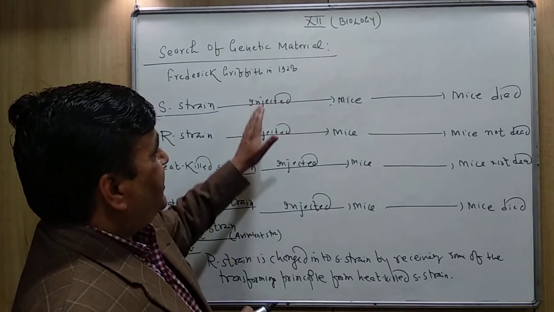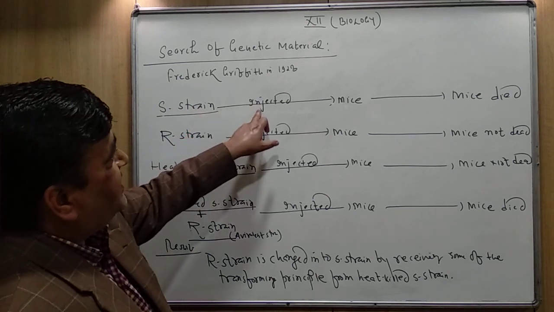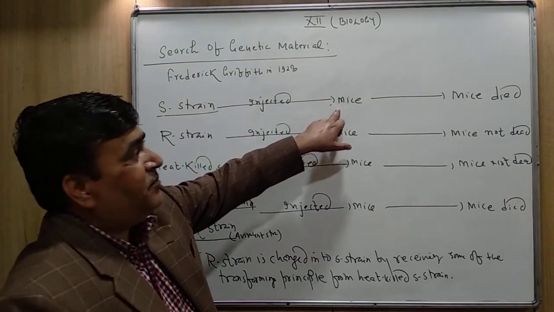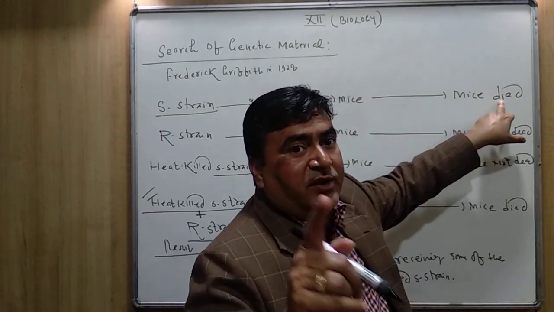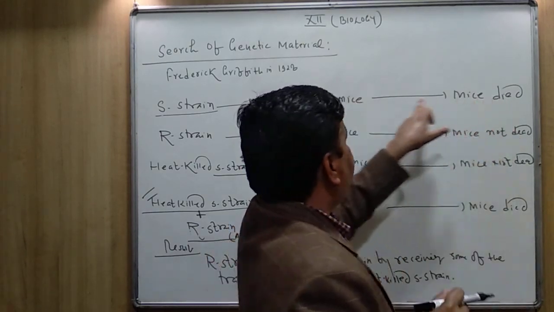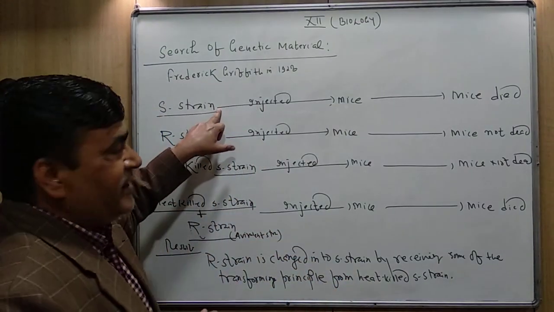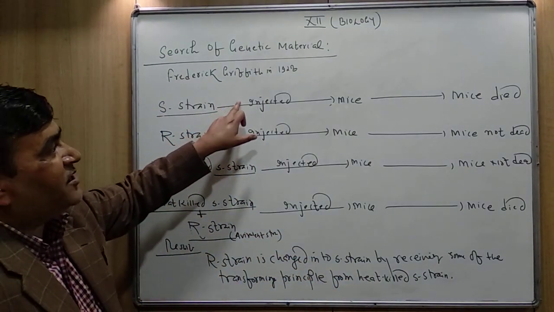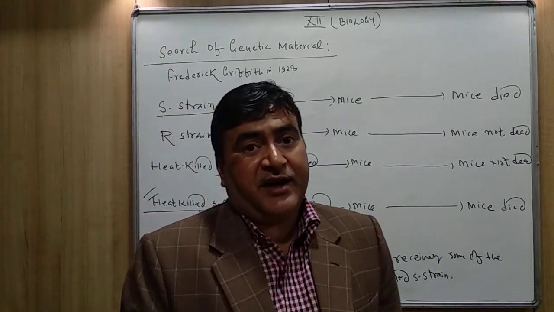And in this flowchart, when the S strain was injected into the mice, they died because of the pneumonia disease, because this strain of the Streptococcus is virulent. It can cause disease in the mice, and that's why the mice died.